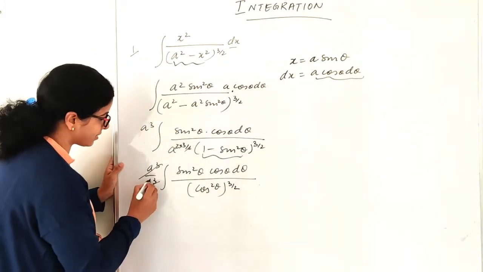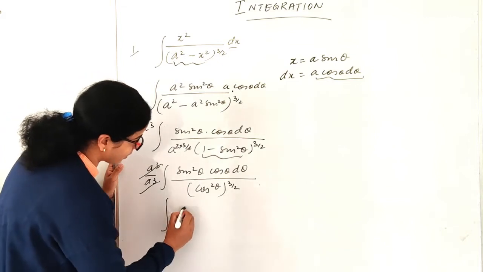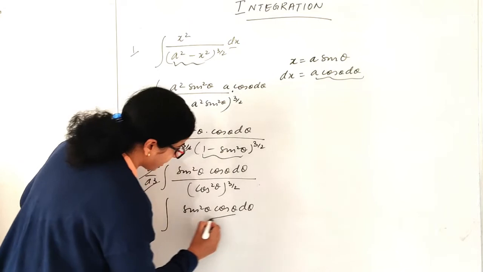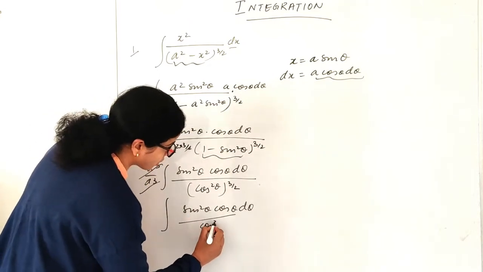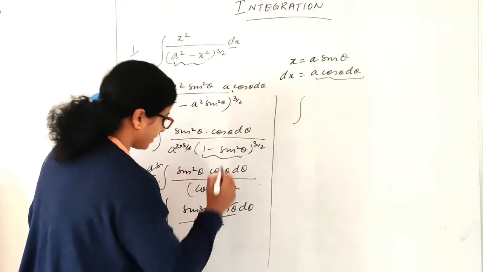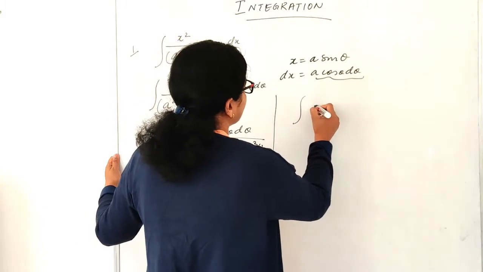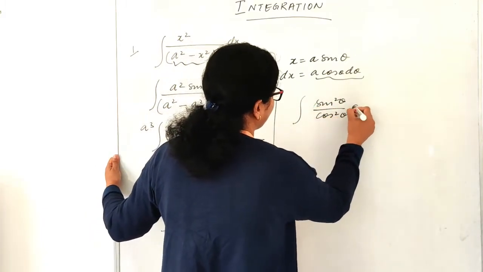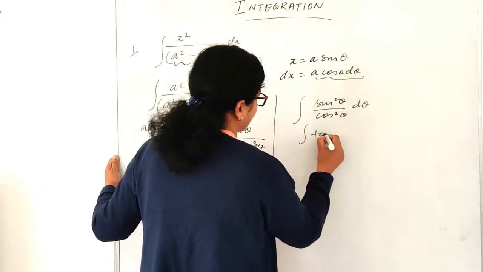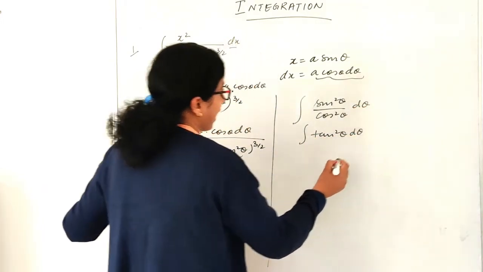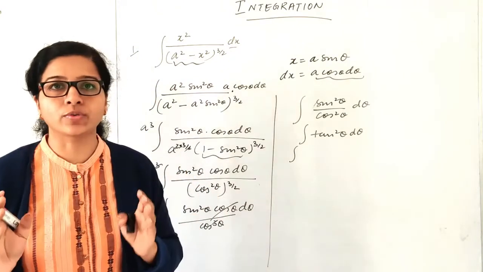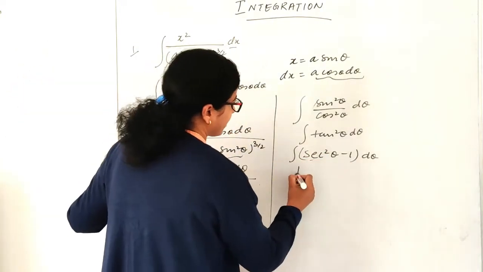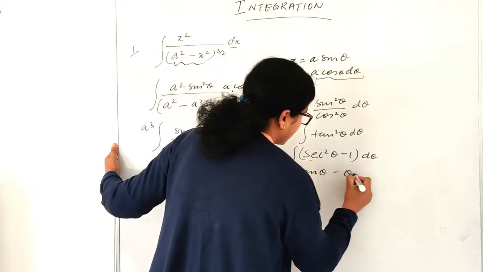This I can cancel, a cube and a cube, and it will become sin square theta, cos theta, d theta, and denominator will be converted to cos cube theta. This part and this will get cancelled, so I am left with sin square theta upon cos square theta d theta, which is nothing but tan square theta d theta, and we don't have direct integration for tan square, so we'll convert it into secant square theta minus 1. So now we can integrate it, so tan theta minus theta plus c.